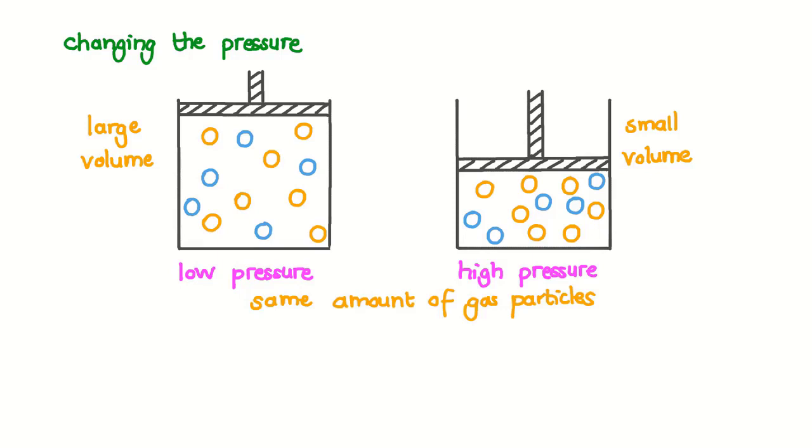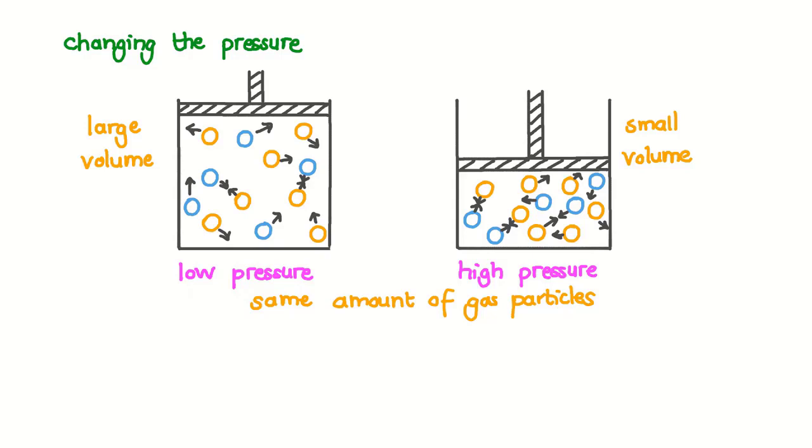Again, this is because there is the same amount of gas particles in each vessel, but each container has a different volume. In the first diagram, there is a lower density of gas particles. They have more space to move. And in the second diagram, the gas particles are more densely packed with less space to move.